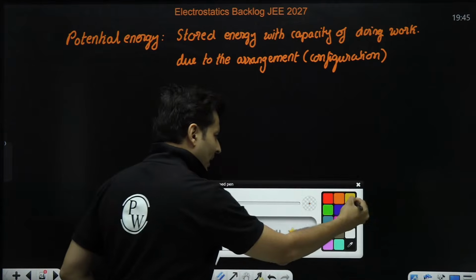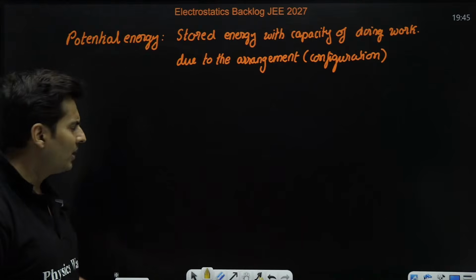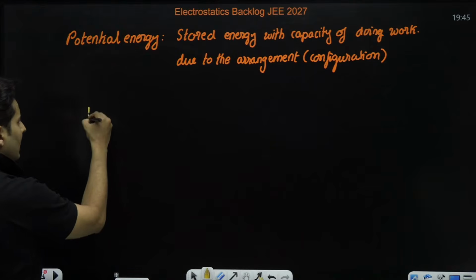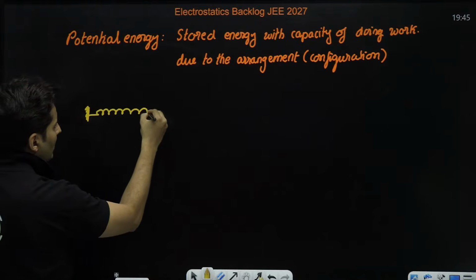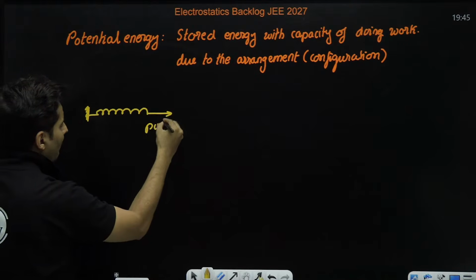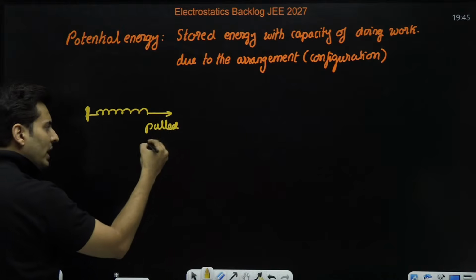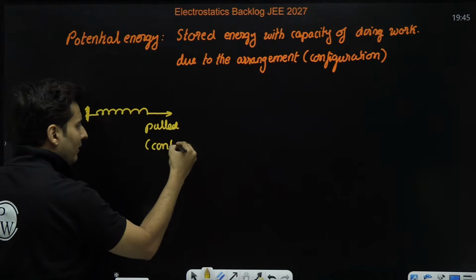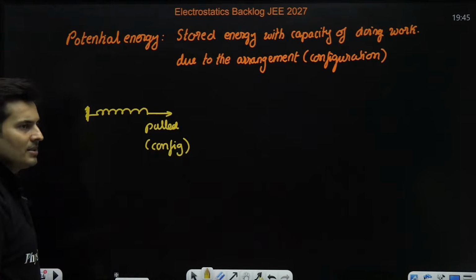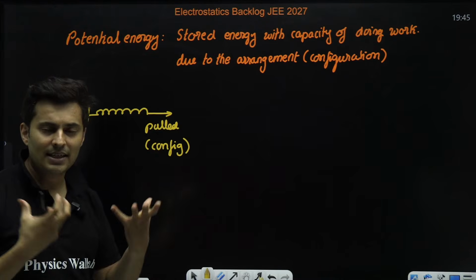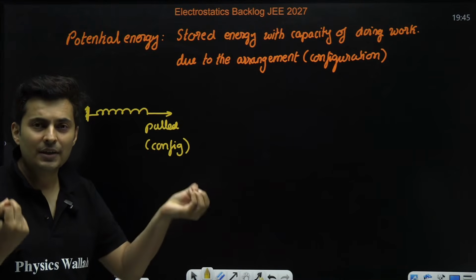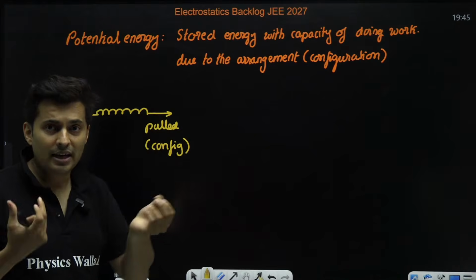Well, I know you might have learned about potential energy in your lower grades, but still, see, if I take a spring and I have pulled it, that pulling is that new configuration of that system because I have expanded it. That is, that extension is that new configuration or the arrangement.